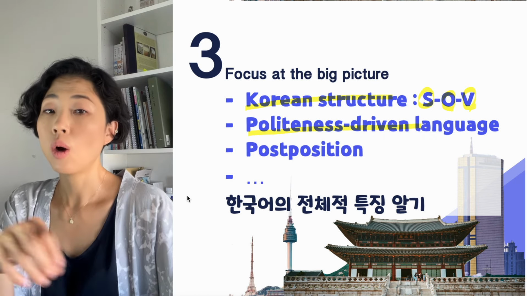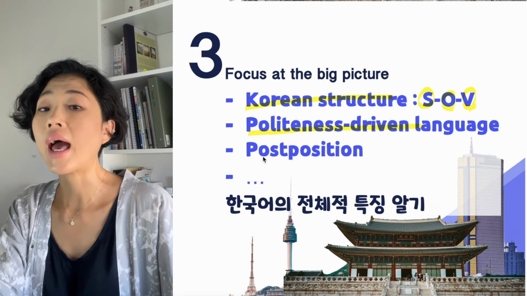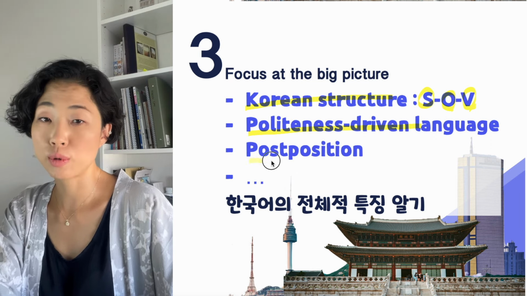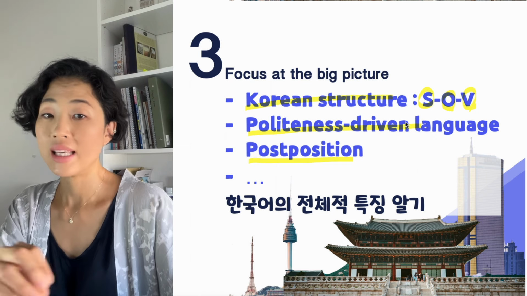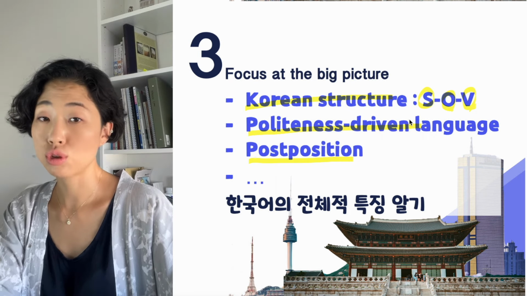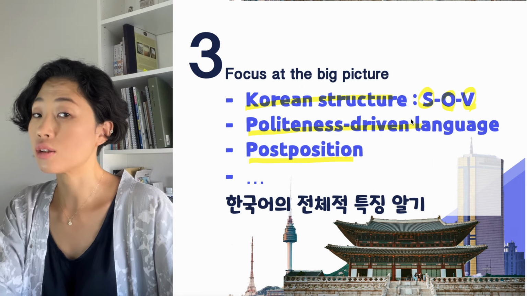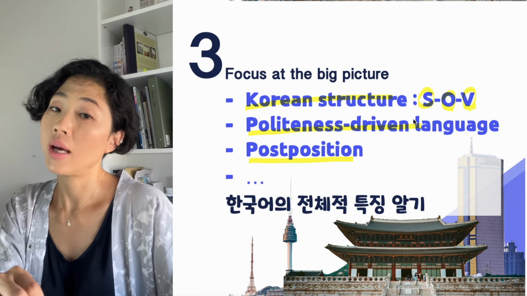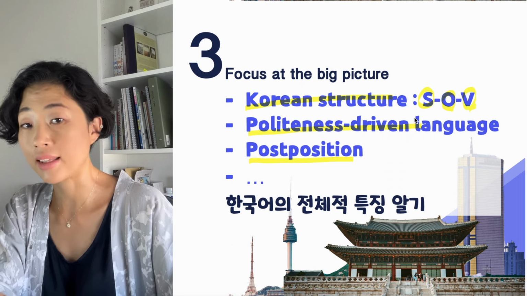And another thing: while English has prepositions, like "I am at home," we have postpositions, which means a position word such as at, to, on, in is placed after the noun. So if it is "I am at home" in English, in Korean it will be "I, home at, am." As I mentioned, the verb should be at the end of a sentence, right?